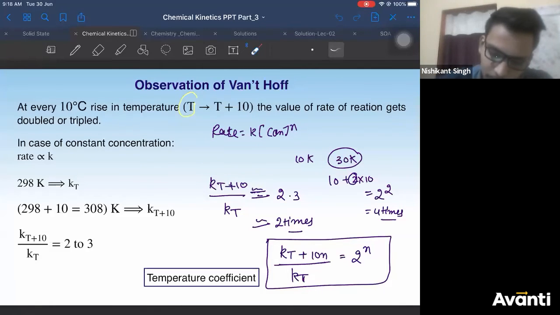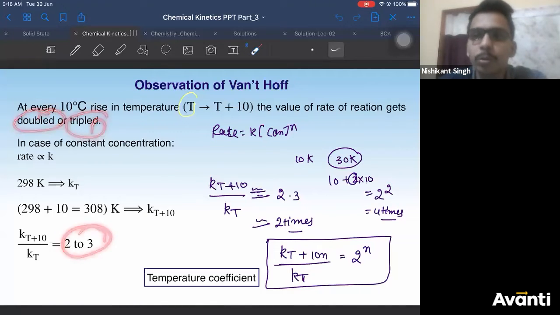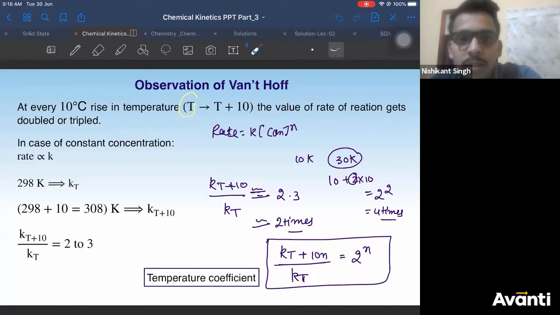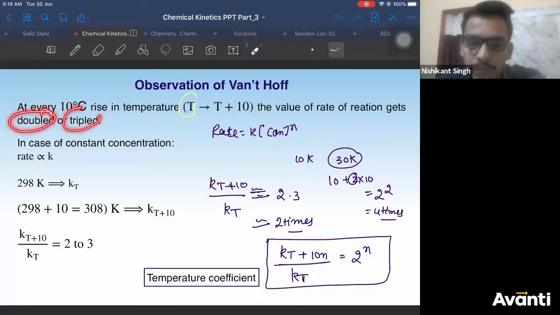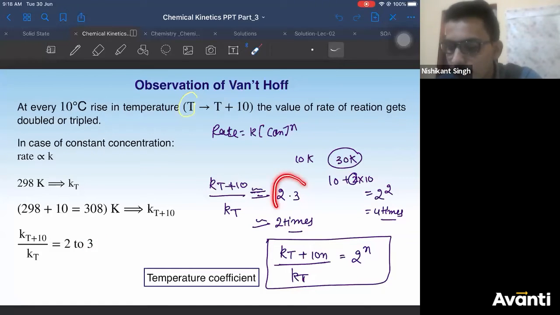The value can range between 2 to 3. Under certain circumstances it can be 3, but usually under the experimental condition it has been found to be about 2.3. You don't worry about it. You remember 2.3 only, for your exam point of view also.